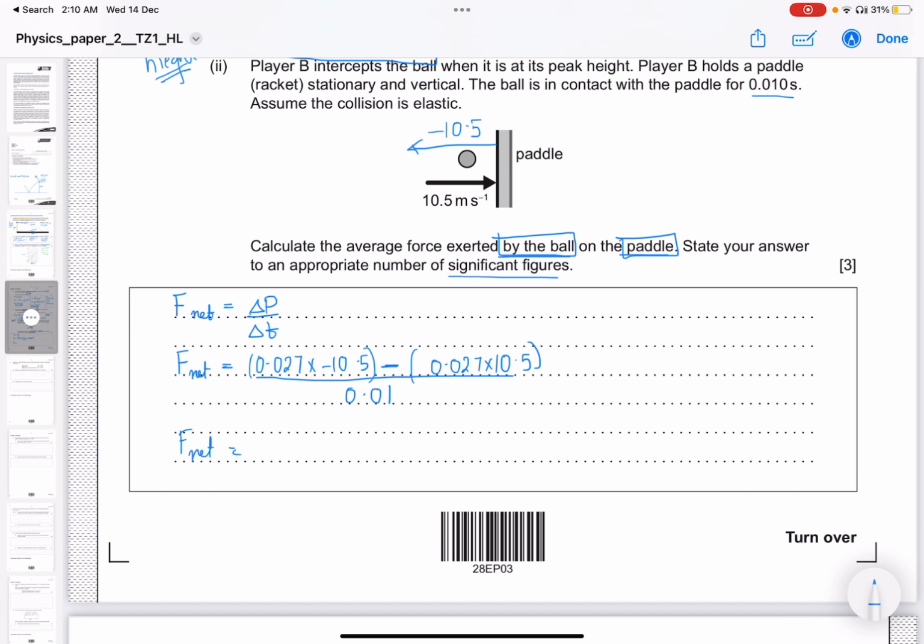So F net is 0.027 into minus 10.5 minus 0.027 into 10.5, divided by 0.01.